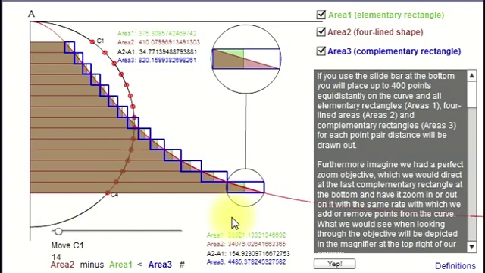And additionally, we placed on the very last complementary rectangle a zoom magnifier, and the magnification factor of this virtual lens or zoom objective, if you will, is increasing as you decrease the size of the ordinate interval.